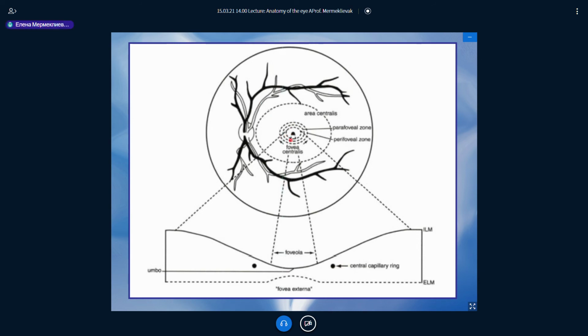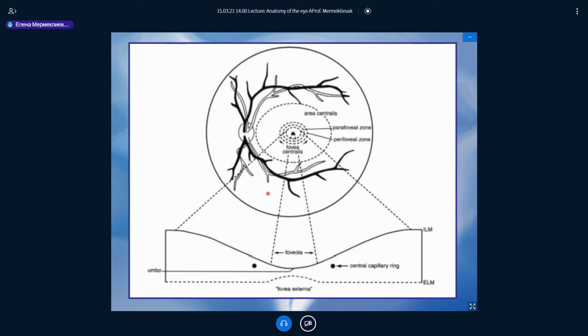In the center of the macula is the fovea. In the fovea, we have only cones. They are responsible for our good vision. In the periphery, we have cones and rods, and in this part we have only rods. The cones are responsible for our visual acuity and for the color vision.